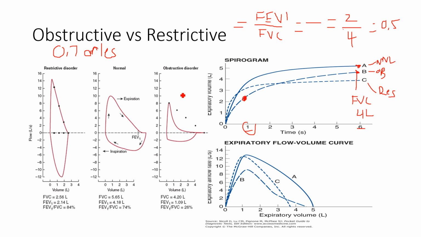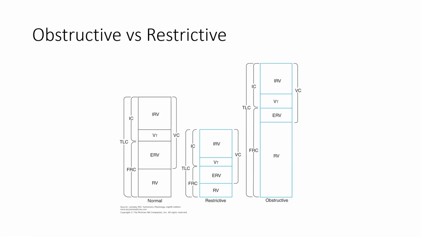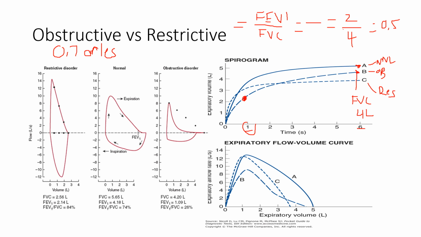Now, if we look at our restrictive defect, which is plot C, let's get rid of this again. I want our eraser. I'm going to erase that much.